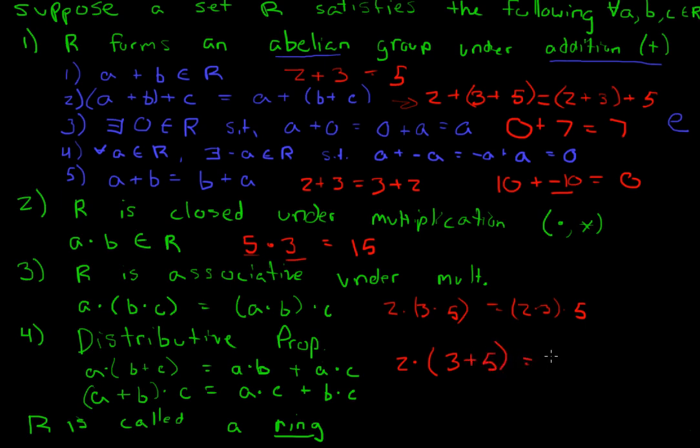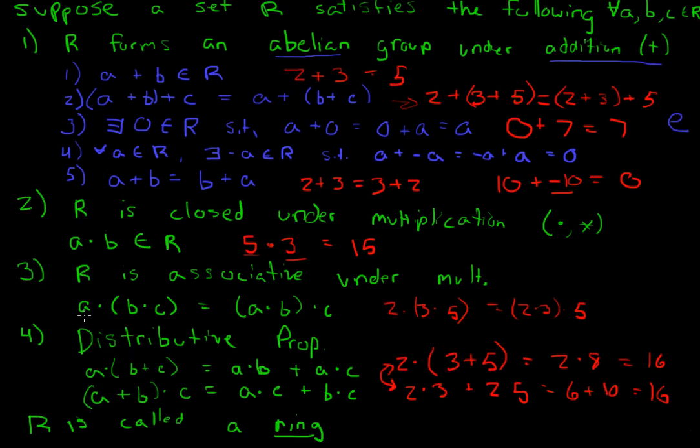Well, that's 2 times 8, 16. The other way around, 2 times 3 plus 2 times 5. That's going to be 6 plus 10. And again, that's 16. So these are the same thing. And nothing special about these numbers. You could pick any integers here and it's going to work.